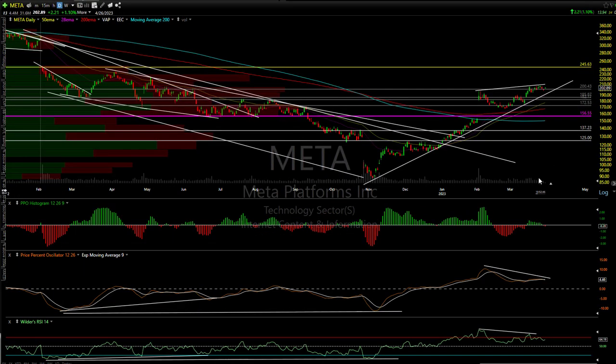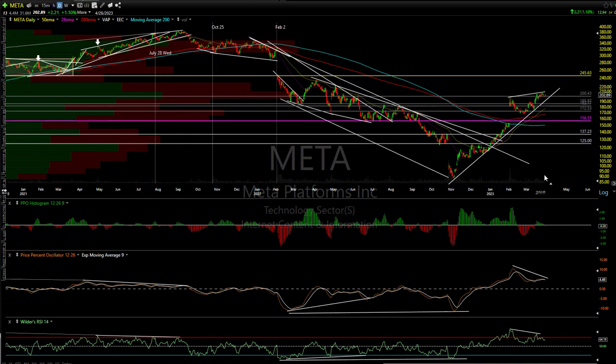And then Meta, again, one of the best looking shorts out there right now with the big tech stocks. Big, clean negative divergence. Look how much the PPO is lagging. Look at that high, it's way down here. In other words, the divergence is pretty steep, higher highs in price. And look at that trend line. I mean, it doesn't get any better than that.